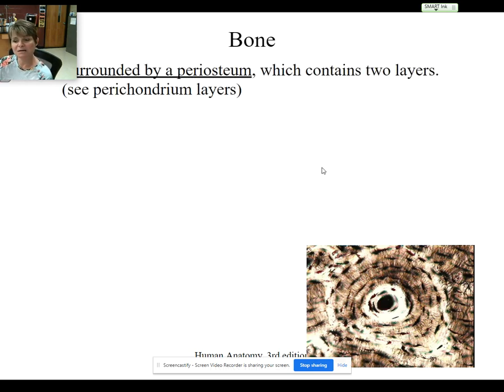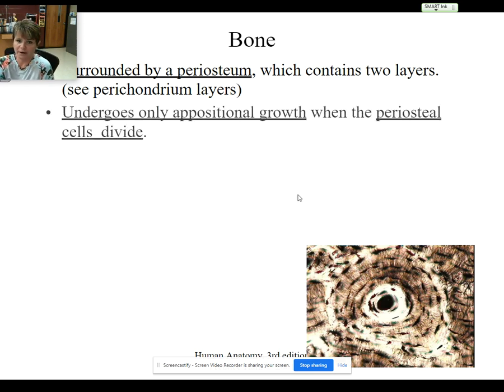Again, like the cartilage has a perichondrium with two layers that surrounds it, the periosteum is the same tissue that surrounds the bone, and it does have those two layers. The outer layer is made of dense, irregular connective tissue, and then the inner layer is made of cells; osteoblasts are in that inner cellular layer, and they lay down more bone on top of what's already there.